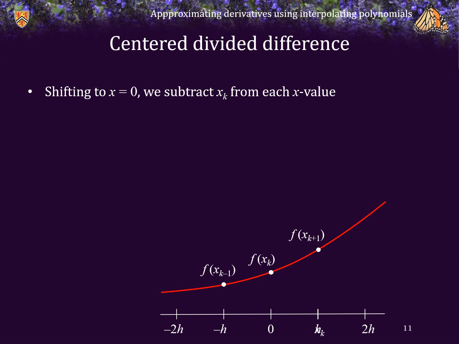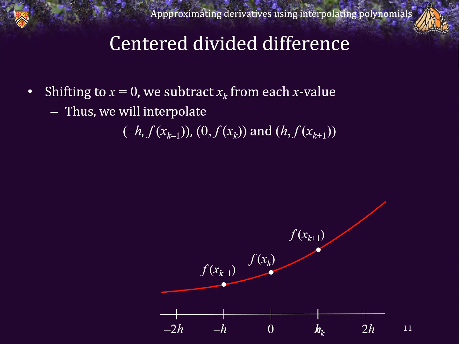So as before, we're going to shift to x equals 0 as opposed to x sub k, and we'll do this by subtracting x sub k from each of the x values. Now, the f values are left unchanged, so the slope of these shifted points at 0 should be equal to the slope of the original function at x sub k.